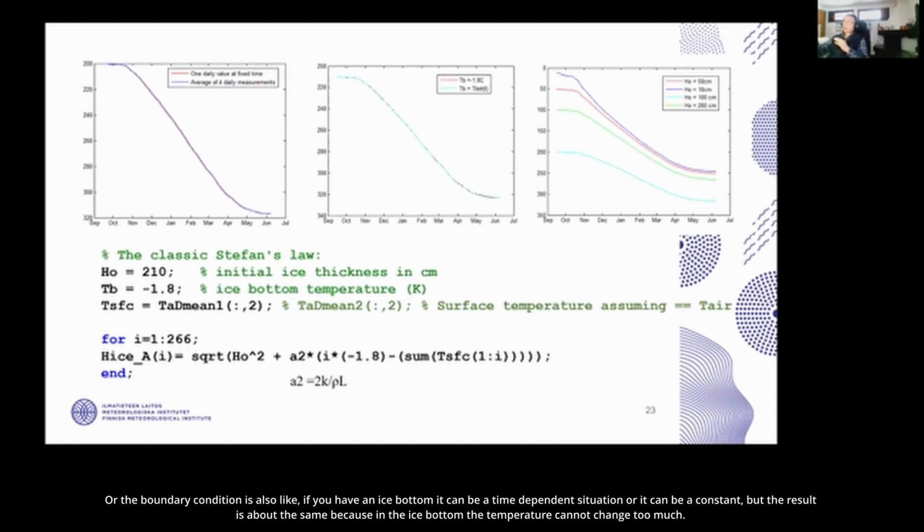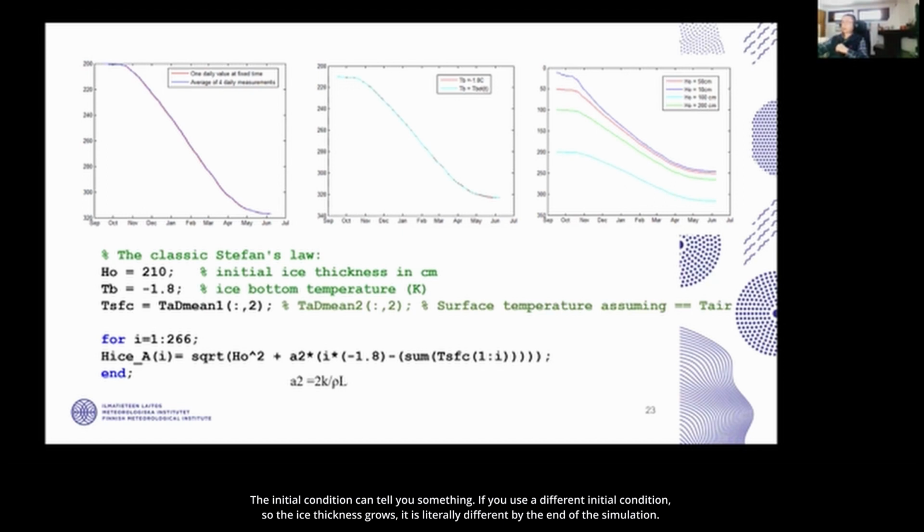The boundary condition at the ice bottom can be time-dependent or it can be constant. But the result is about the same because at the ice bottom the temperature cannot change too much. But the initial condition tells you something.